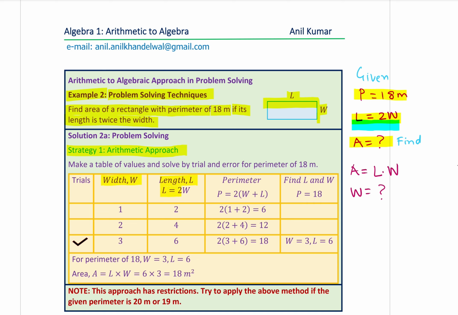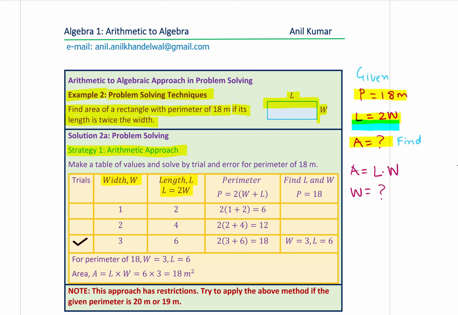We also know that length is twice the width. And let's take some numbers for width and double them up to write the numbers for length and multiply them to get area. Okay, but we are given the perimeter. So perimeter is what? Perimeter is sum of length and width times 2.